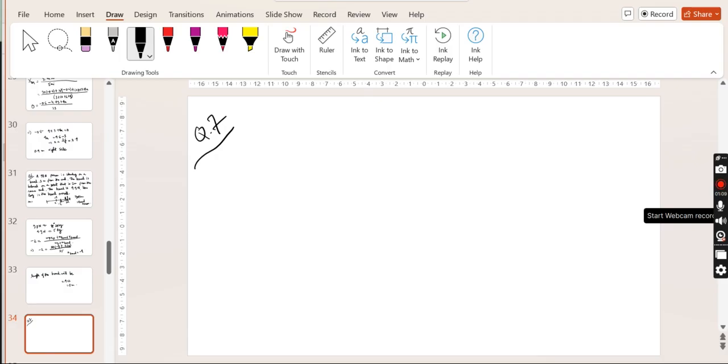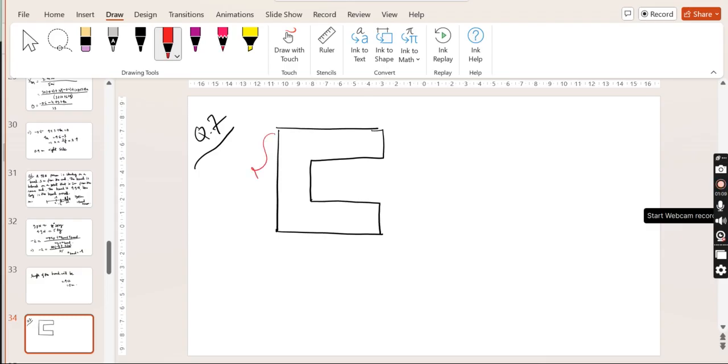Then we need to calculate: this length is 8 centimeter, this length is 4 centimeter, this is 6 centimeter, and this total is 10 centimeter.